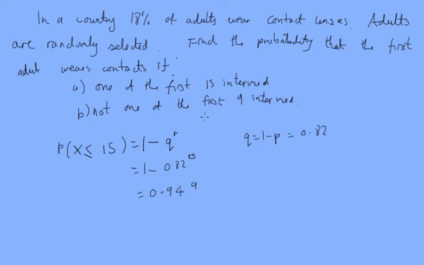And then not one of the first 9, so P of X greater than 9, so q to the 9 is going to give us 0.82 to the power 9, and that comes out 0.168.